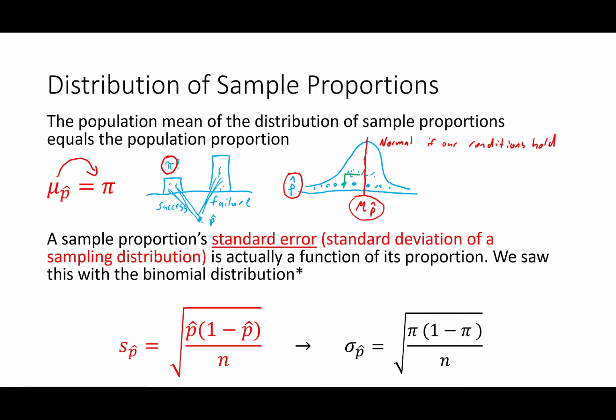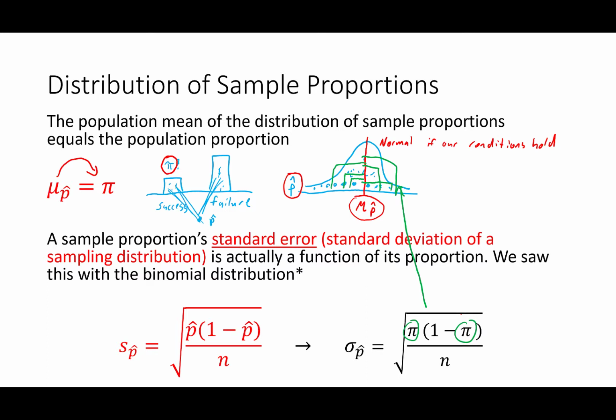If we wanted to calculate the average distance an observation is from the mean in this graph, it turns out to be sigma p-hat, the standard deviation of sample proportions, and sigma represents a population. So it's the population standard deviation of sample proportions. And it turns out to equal this function right here, the square root of pi times 1 minus pi over your sample size. The more observations you have, the smaller that spread will become.